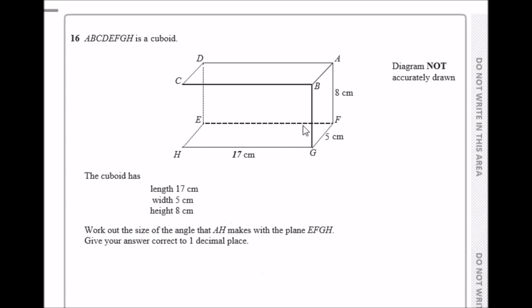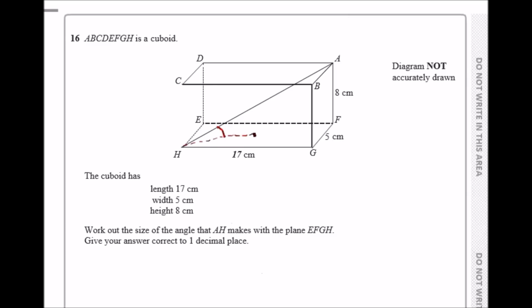Okay, so the angle AH, let's find AH firstly. Let me draw a straight line here. We're going to connect A to H, so you need a ruler for this. And we need the angle AH makes with the plane, which is down here. So you could say the plane would be, let's make a center point here.